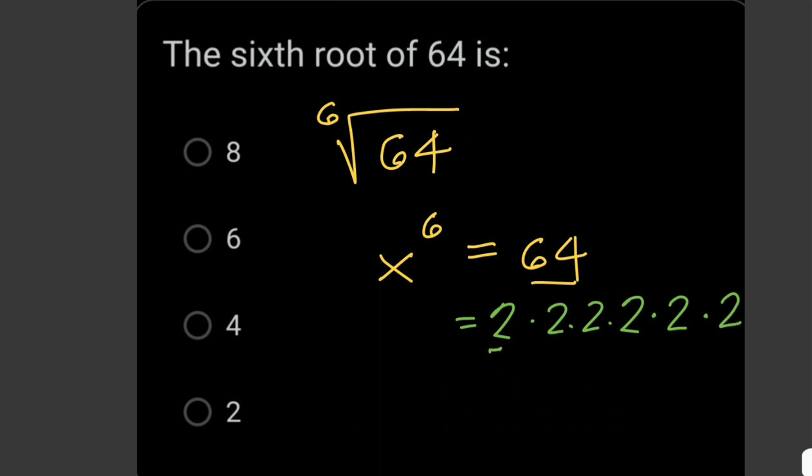So how many 2's are here? We have 6 2's, so we can write 64 as 2 to the 6. Therefore, the value of x is equal to 2, or the sixth root of 64 is 2. The answer here is this one.